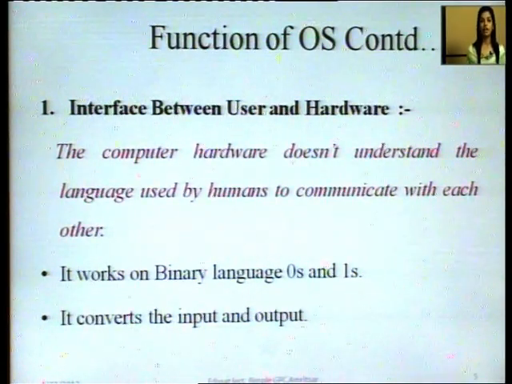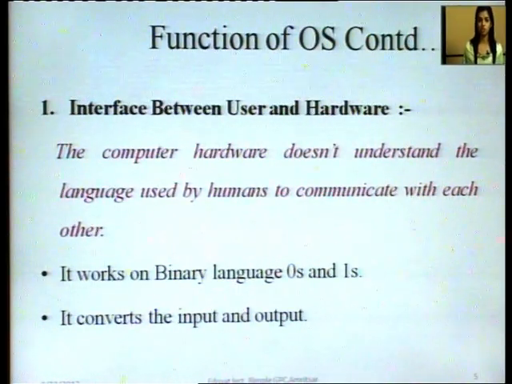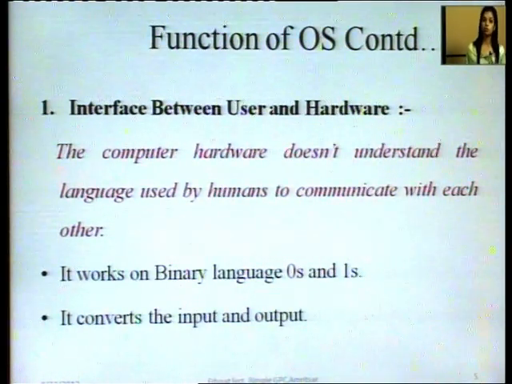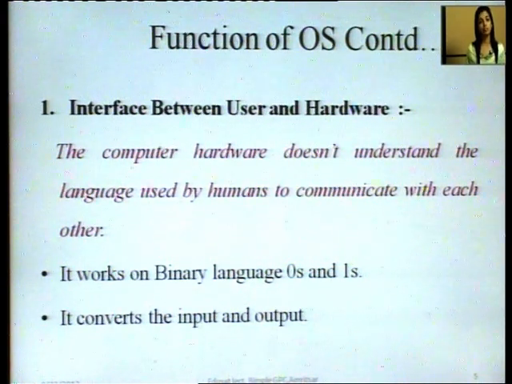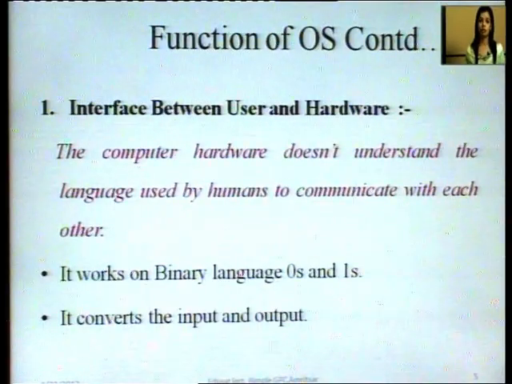Wherever we enter English language, the main control of the operating system converts English into machine language in the 0 and 1 form. After processing, the main responsibility of the operating system is to convert that 0, 1 binary or machine language into human language, English, so that humans can understand what the result and the answer is after processing.